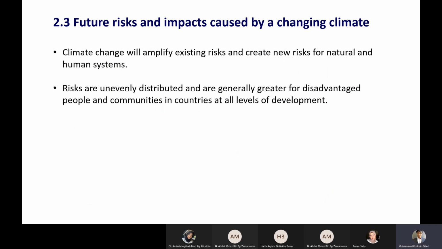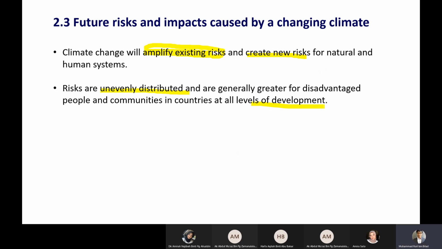So what are the other consequences? It amplifies the existing risk, so the risk becomes riskier, and it also brings new risk. Another important thing is that the risk is not evenly distributed, and most of it is felt by the less developed countries.